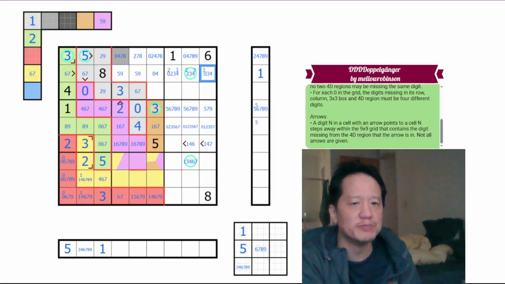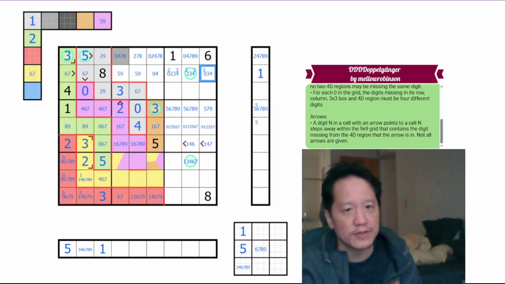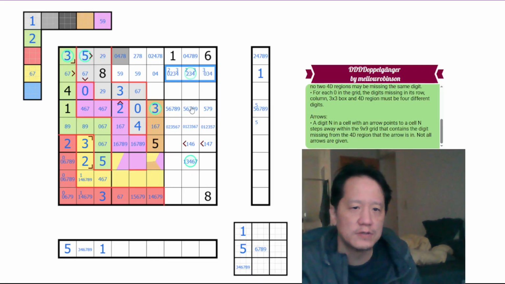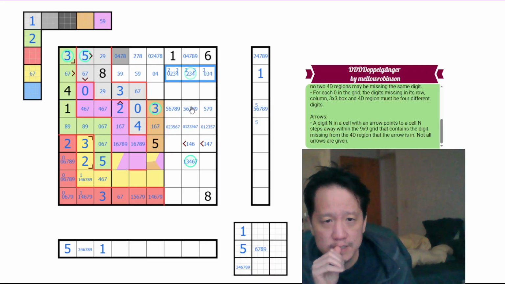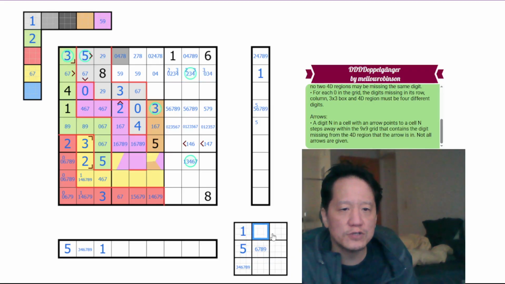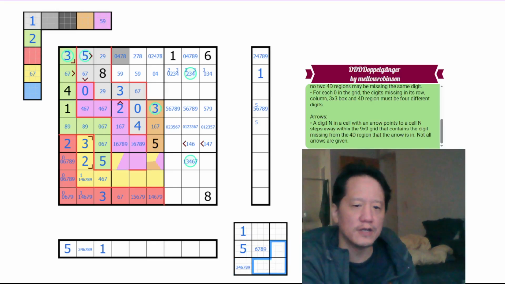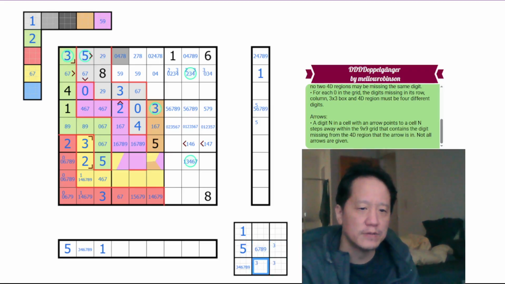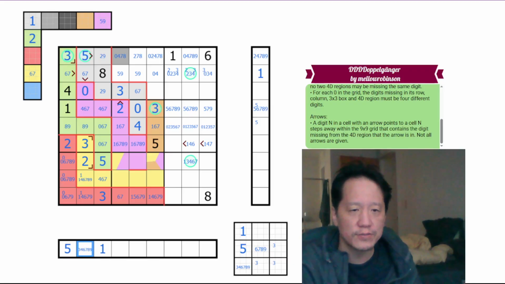We know a 1 is missing in row 2, and the 3 has to be one of these cells there. So we're not missing a 3 in box 1, 2, and 3, or 4, 5, or 7. So we're missing a 3 in 1 out of box 6, 8, or 9. So this cannot be missing a 3 here.